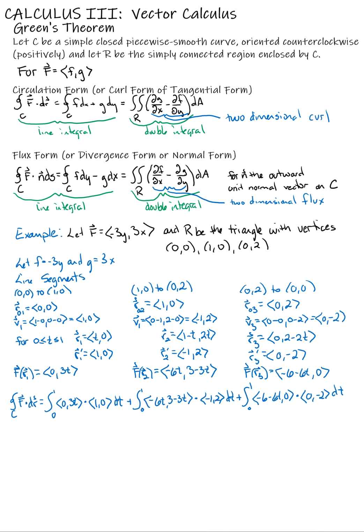All right, so what do we get with all of this? Well, I can put them all together. It's the integral from 0 to 1. Take your time with these dot products. Hopefully you're pretty good at that now. We end up with, let's see, the first one is 0.